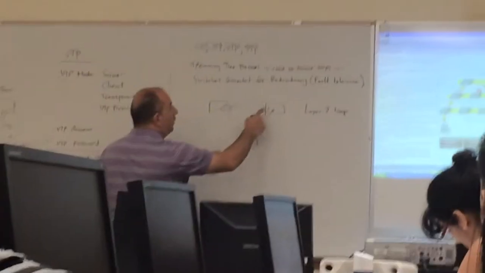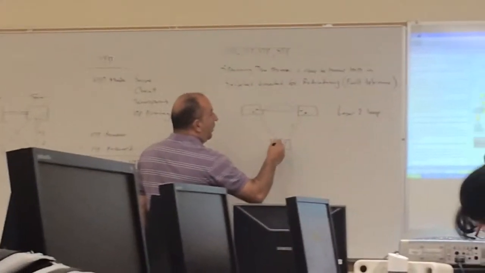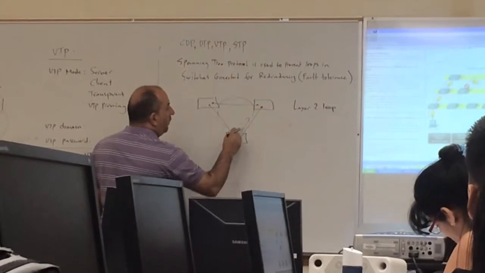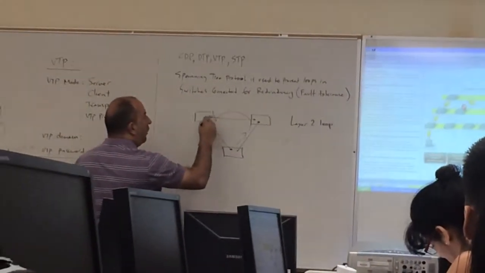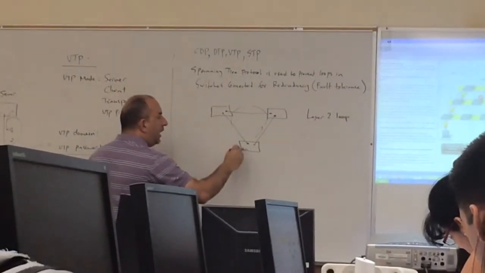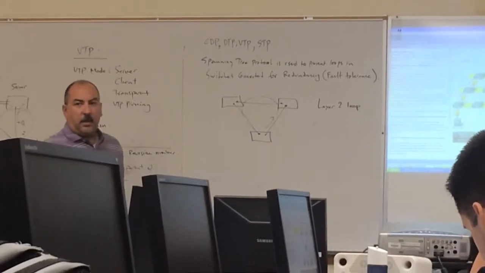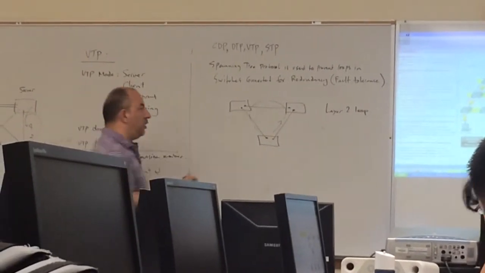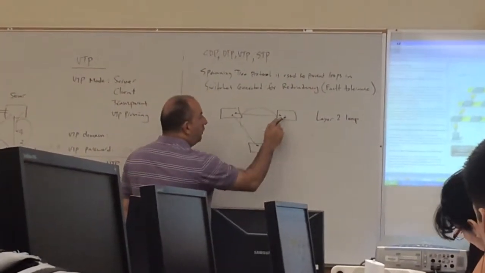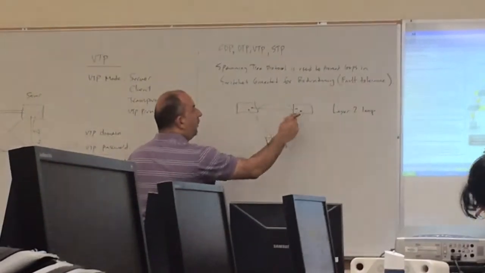So what we want to do is make sure that if a frame originates from here, it cannot just go to this switch and go back into that switch. We want to make sure that there is always only one path for the frames to travel.